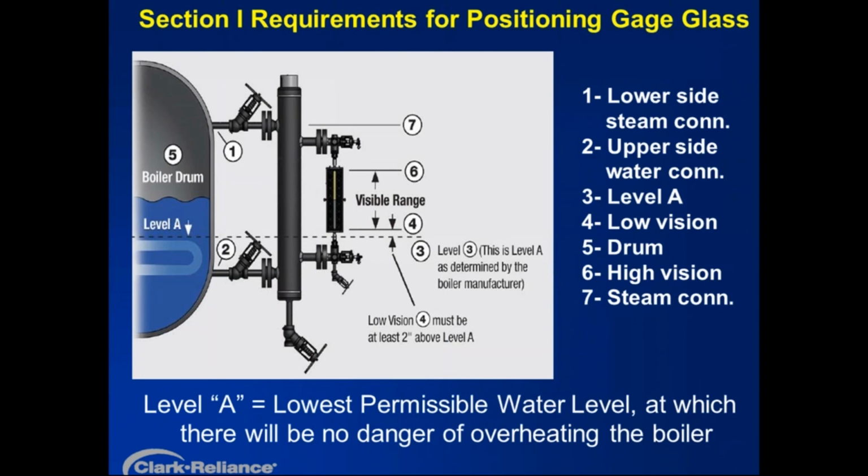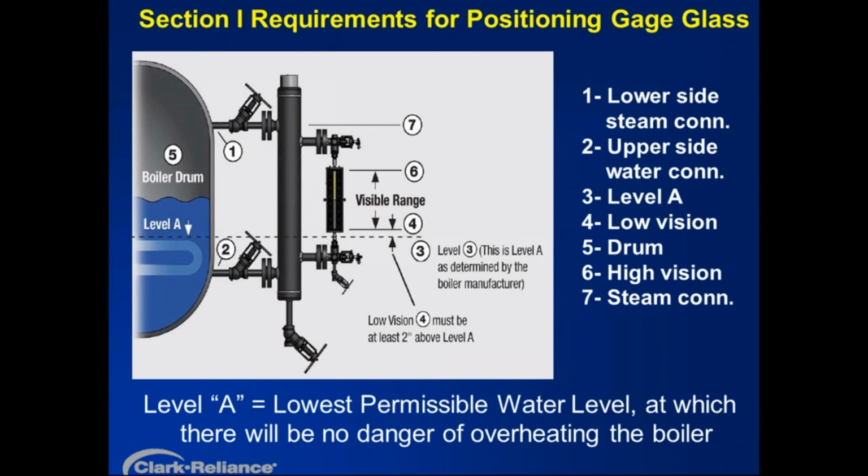And on the high side of the gauge glass, item 6, high vision cannot be any higher than item 1, which is the low side of the steam outlet coming out of the vessel. So on one hand, you position the gauge glass within those rules, but the comparison of locating the bottom of the gauge to the reference of the level A is a must. All these rules have to be looked at as a whole, not just one by itself.